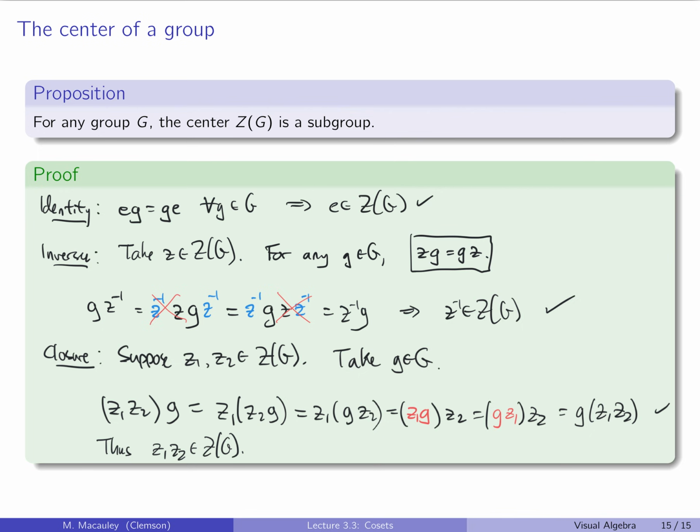Now, one quick comment. I proved the one-step subgroup test in the first lecture of this section. And let's talk about if that makes this any shorter. So remember the one-step subgroup test is take Z1, Z2 in the center and show that Z1 Z2 inverse is in the center.